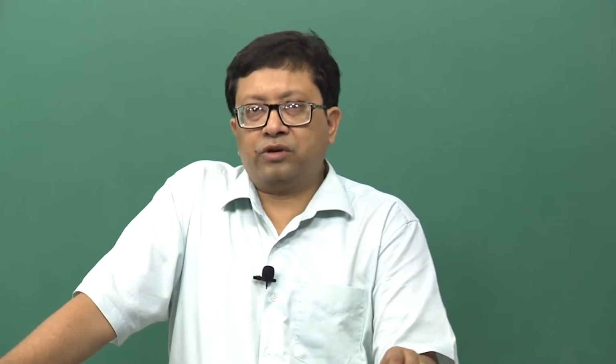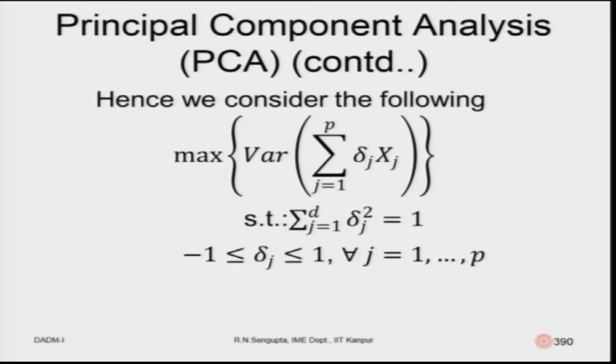You want to go stepwise and maximize the variability of the combination lambda 1 into x 1 plus lambda 2 into x 2 plus lambda 3 into x 3 till lambda p into x p, subject to the condition on the variables. So, this should be p, my mistake.